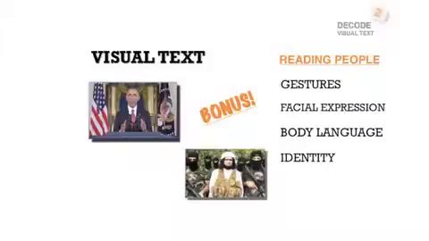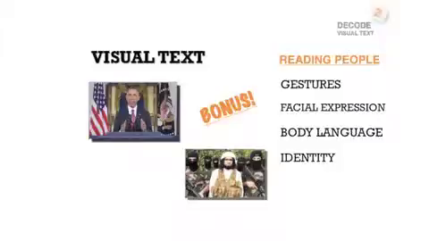I've also added a portion here on reading people, because that's an important skill to have if you're going to be visually literate. So we're going to look at things like gestures. Where are their hands? Are they out in front? Are they behind their backs? We're going to be looking at where are their arms? Are they tucked into their chest? Are they crossing over their chest? We're going to look at facial expression.